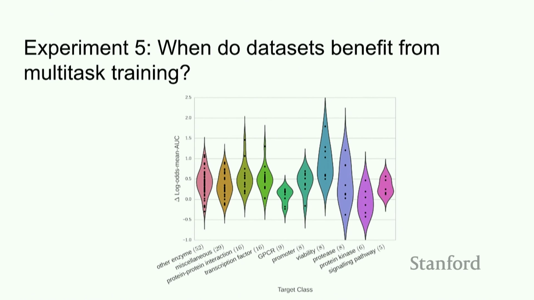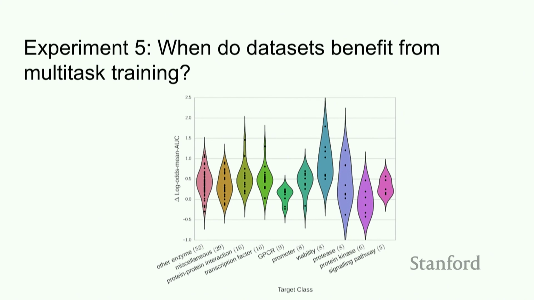And in this vein, another thing they wanted to figure out was, is there a specific class of target molecules for which multitask training is more beneficial than any other category of tasks? So they put them in these categories, and ones that didn't fit in an obvious category, they just put in a miscellaneous category.